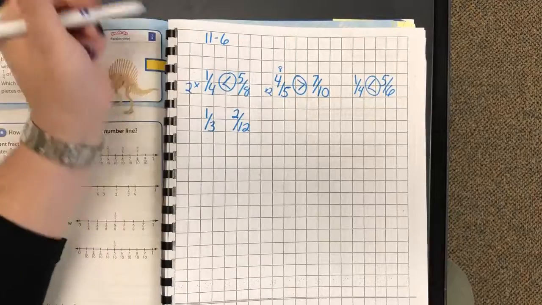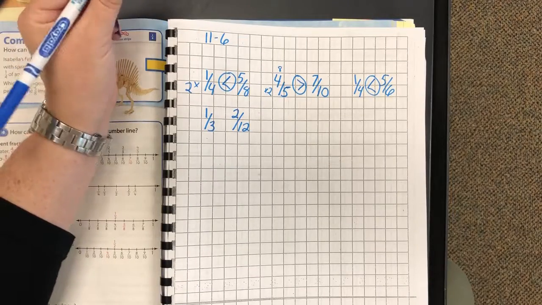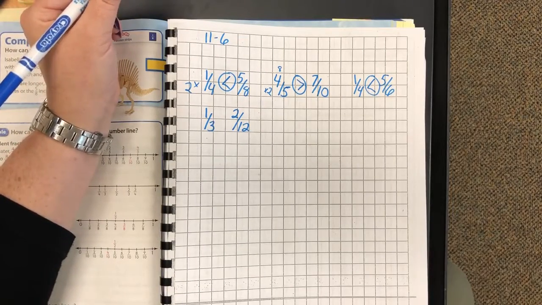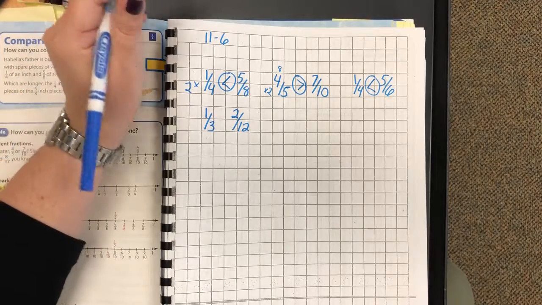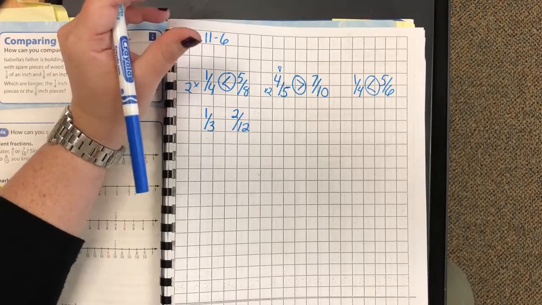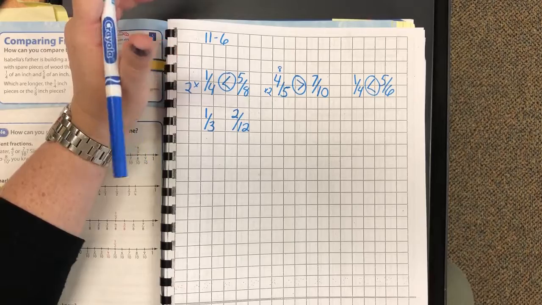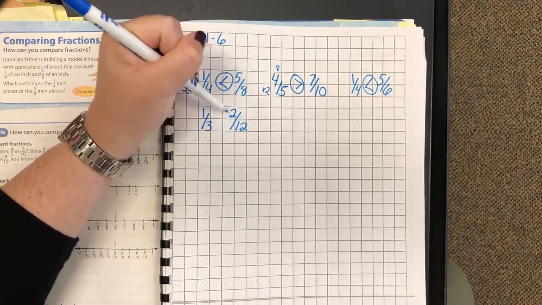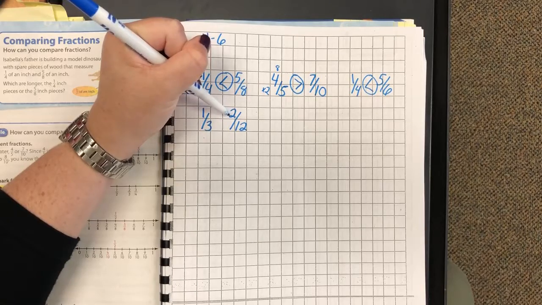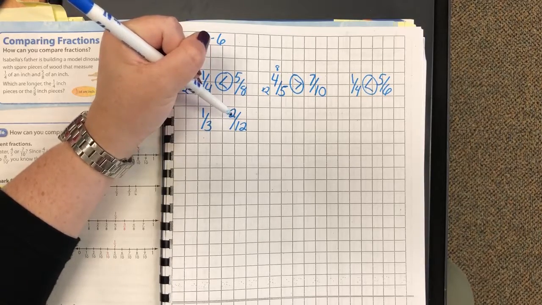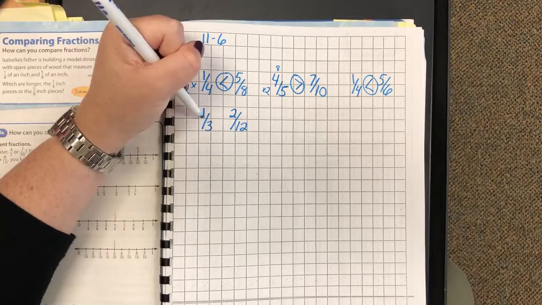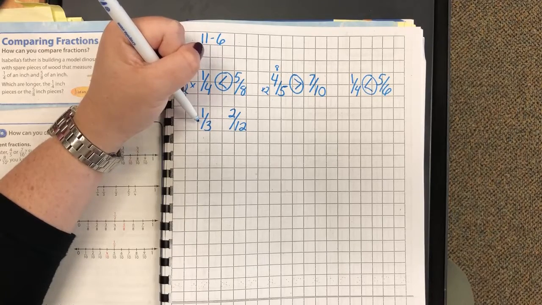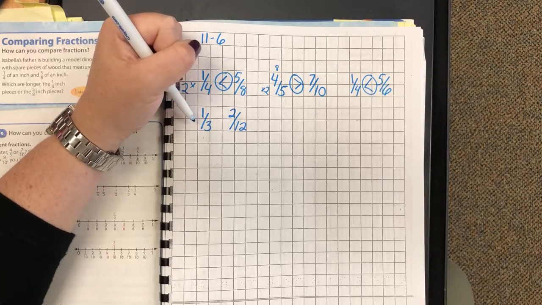The bigger your denominator is, the more pieces you have of one thing. Because remember, we're all envisioning the same sized cookie. It's the same size cookie for everything. So I'm cutting this cookie into 12 pieces, and I'm getting 2 of them. Imagine that in your head. Those are some small pieces, right? Whereas this cookie, the same size, I'm cutting into 3 pieces, and I'm getting 1 of them.